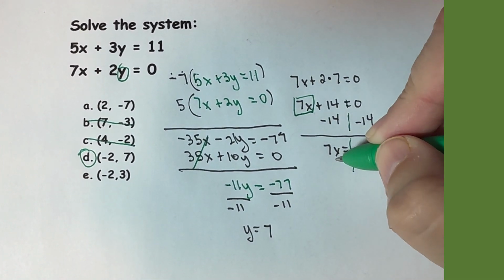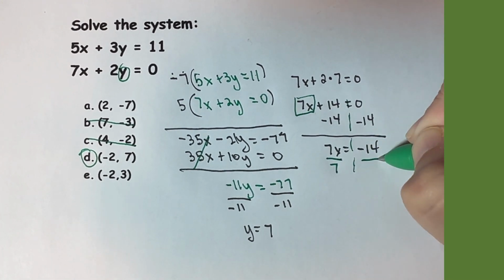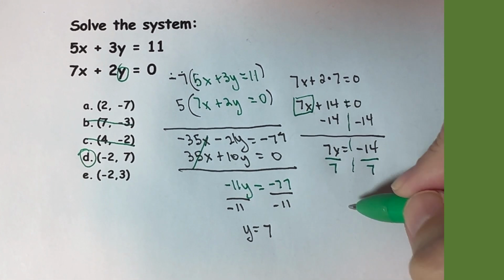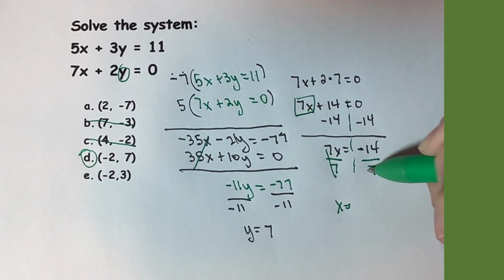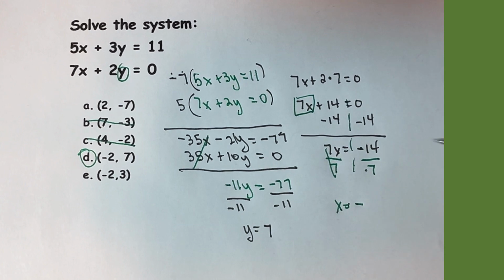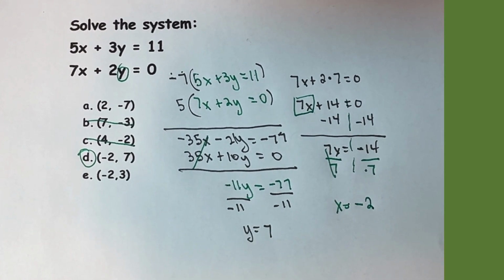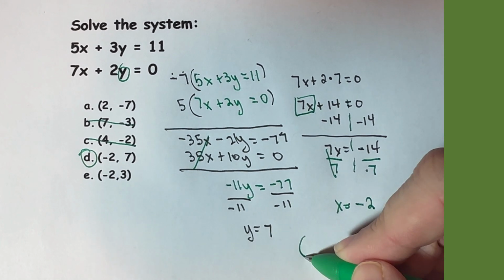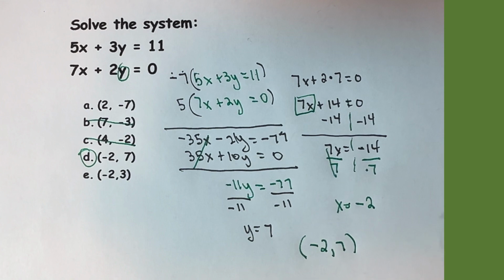They're multiplying. Ding, ding, ding. What are we going to do? That's right, we're going to divide. Whatever we do to one side, we got to do to the other. These cancel. A negative divided by a positive is a negative. 14 divided by 7 is 2. So if you were to graph these 2 equations, you will see that they cross at -2, 7.